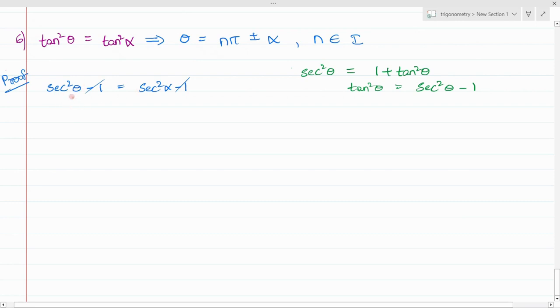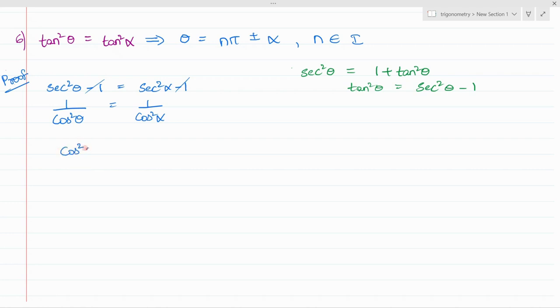So if you cancel minus 1 and minus 1, you will get secant square. Now write secant in terms of cos. We'll write it as 1 by cos square theta equals 1 by cos square alpha. Again, this can be written as cos square theta is equal to cos square alpha, if you cross multiply it.